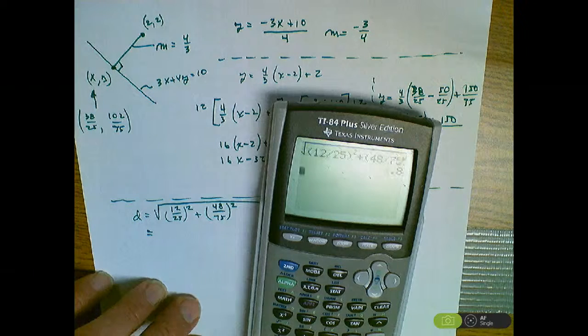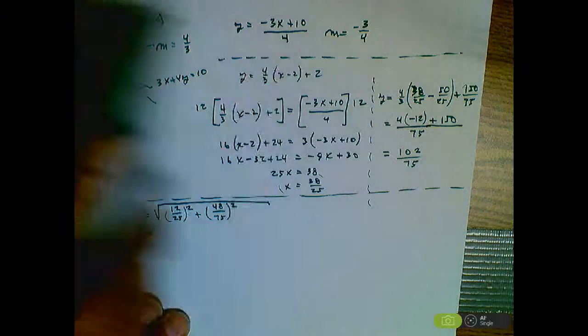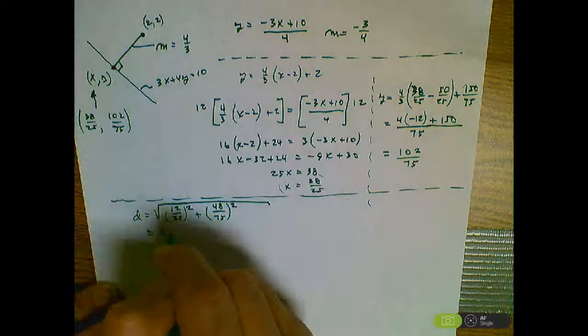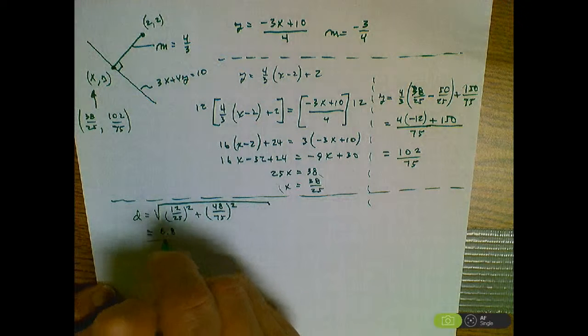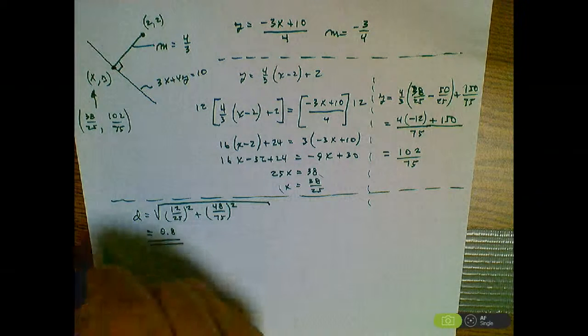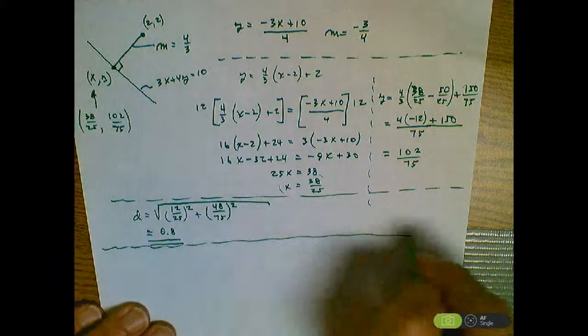Add them together, hit enter, and I get 0.8. So that should be the length of that segment, which is the distance between the point and the line. Now let's check that against our formula.